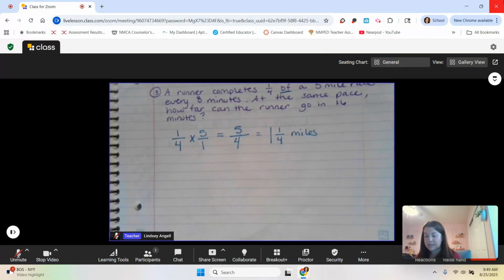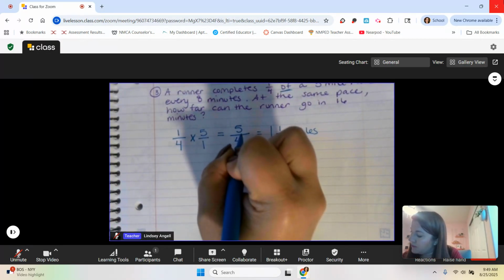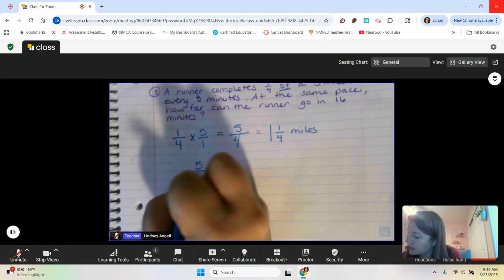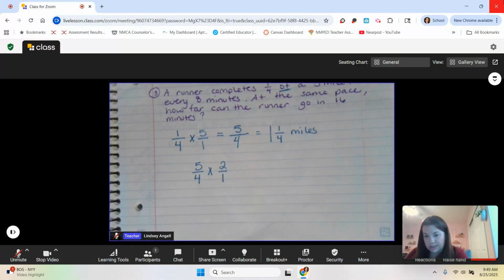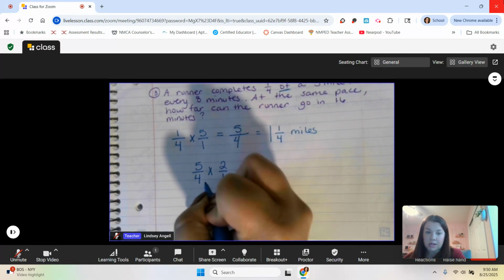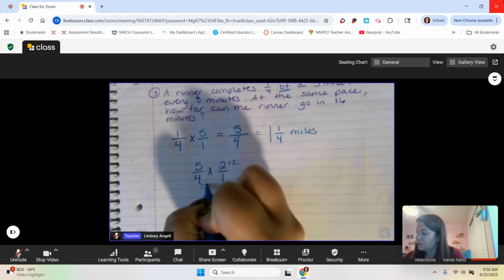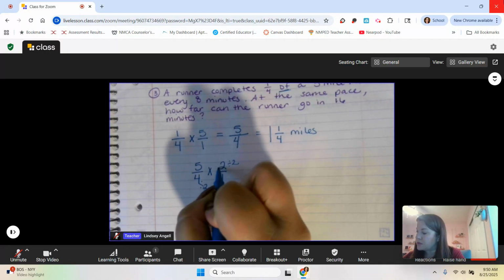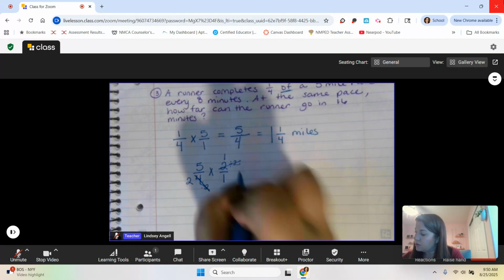But we want to know in 16 minutes, so 16 is doubled from 8, so we just need to double that. We could even take that 5/4 times 2/1, which is just the same thing as doubling or multiplying by 2. Well, one thing I notice is that I have a 2 in my numerator and a 4 in my denominator. So both of those can be divided by 2, so I can reduce beforehand. 2 divided by 2 is 1. 4 divided by 2 is 2.